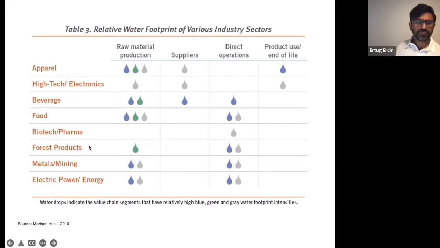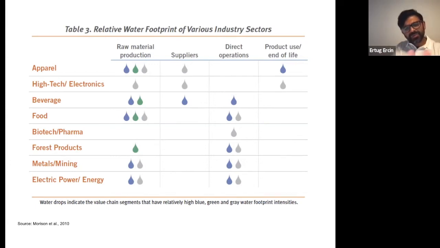You can see biotech and pharmaceuticals and medicine, it's really on the gray water footprint pollution. Particularly, this is a bit misleading. There must be an end use pollution as well because of, like, antibiotics we dump into our wastewater systems. And you can see the forest products is really green water footprint. Metals and mining, blue and green, gray, and then blue and gray in the direct operations as well.